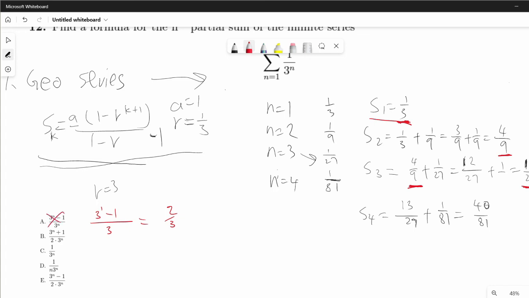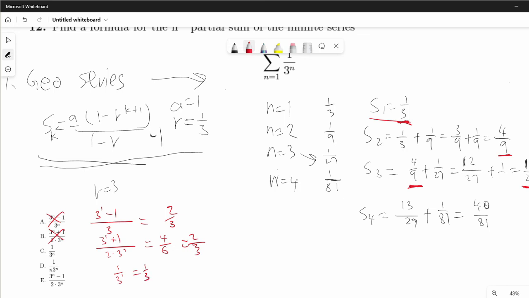B, we have 3 to the 1 plus 1, and 2 times 3 to the 1. So we have 4 over 6. And that is still 2 over 3. It's not right. B is not right. C is 1 over 3 of 1, which is 1/3, which is right.